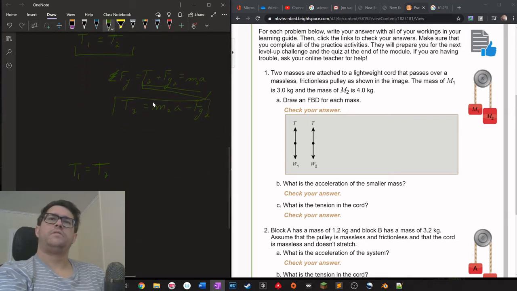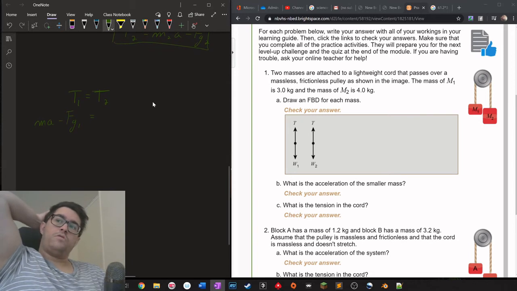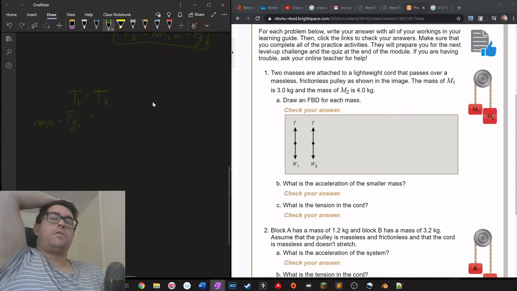We're going to need this. Here, M1A minus Fg1 is equal to M2A minus Fg2, same acceleration, because they're linked. They accelerate at the same rate.